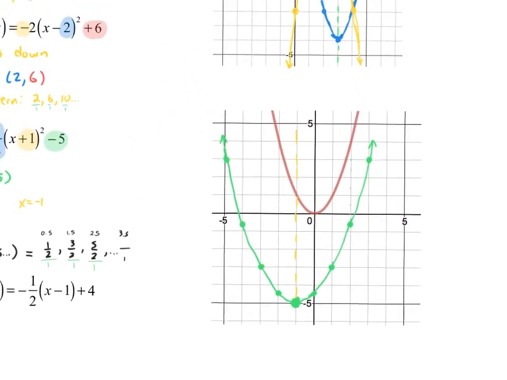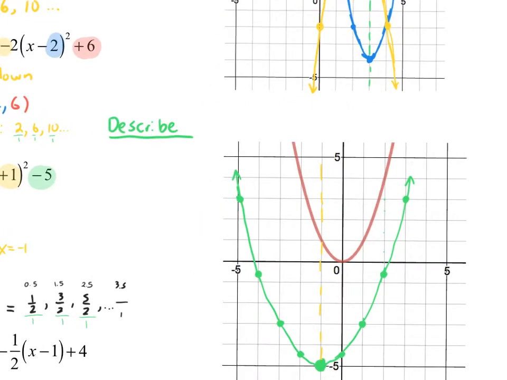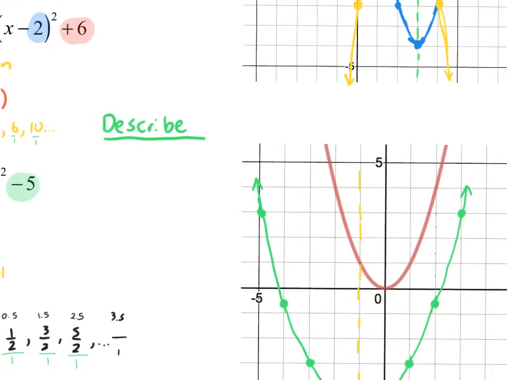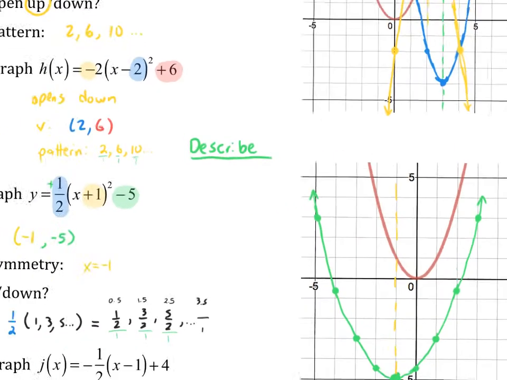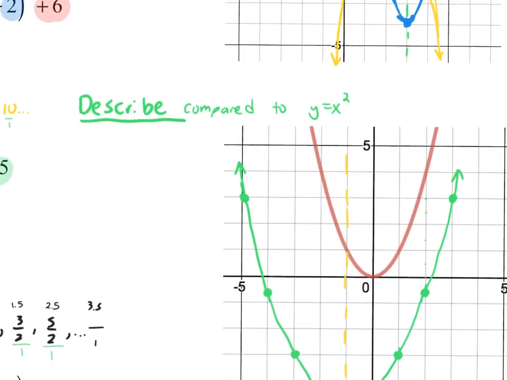All right, so if asked to describe, let's put it in words. We're going to talk about the shifting and the opening and the fact that it gets a little bit more wide. Usually the description is compared to the parent function. We compare it to the original. So in this case, we're going to compare it to the red curve there.